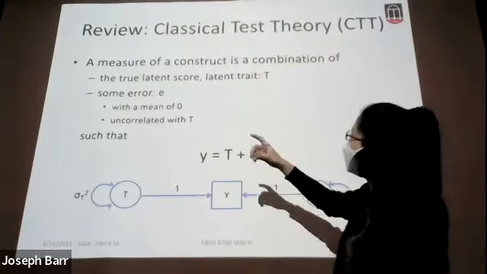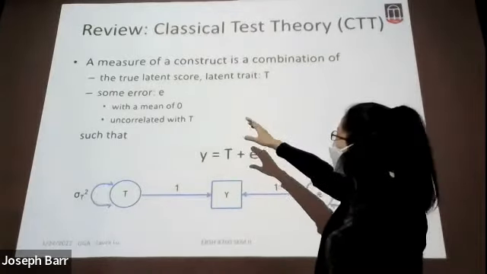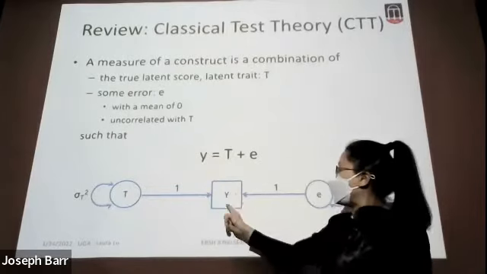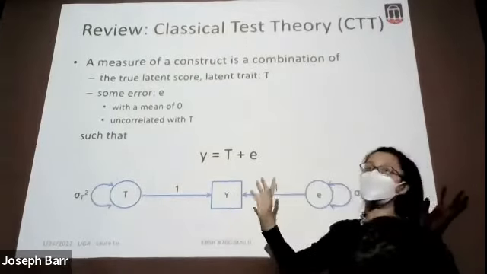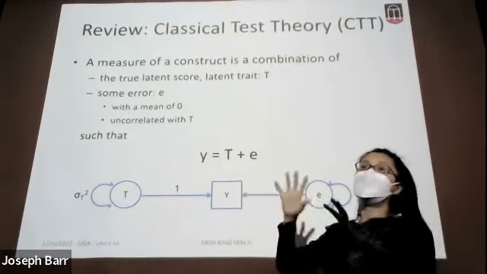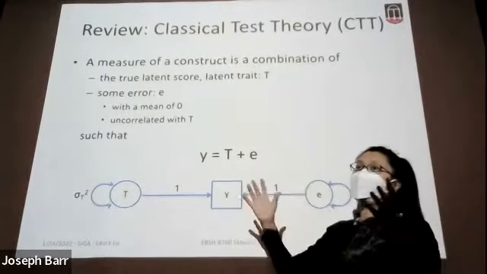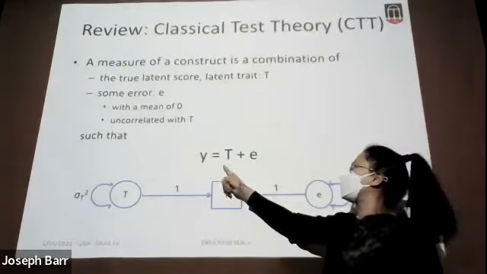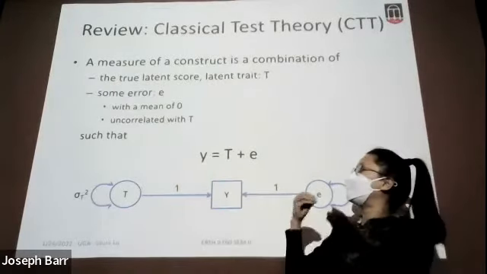We mentioned the measurement model last semester. We assume that each observed Y here is not the true score. What we want to measure is actually this T, the true score, but because this is not a perfect world, we cannot get the true latent trait directly.